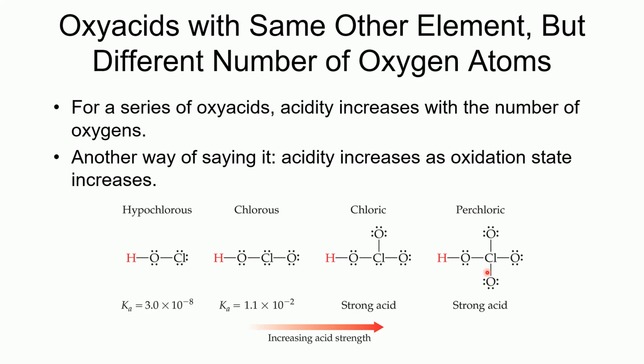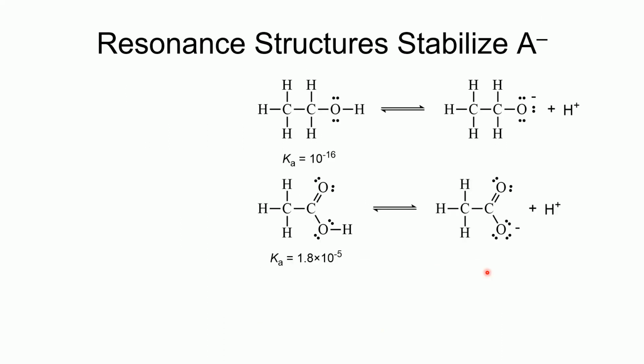More common examples, because we don't use chloric and chlorous and perchloric acid that often in the lab, are going to include nitrous acid versus nitric acid. Well, nitric acid has 3 oxygens, nitrous acid has 2 oxygens, so the nitric is more acidic. So there is that.